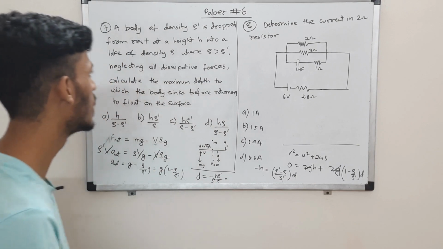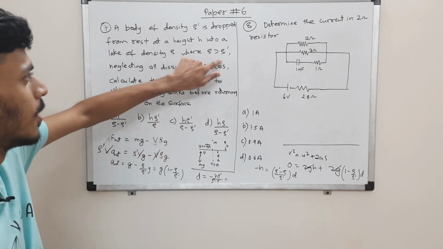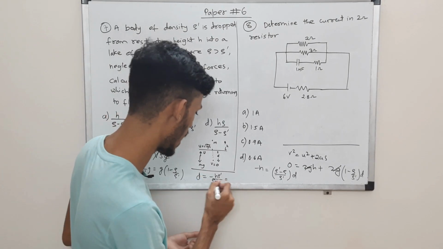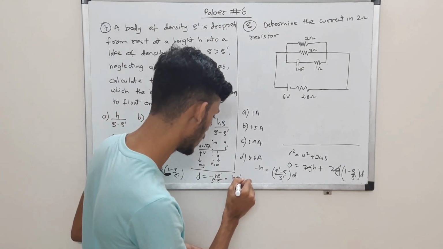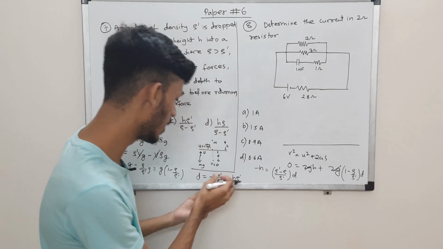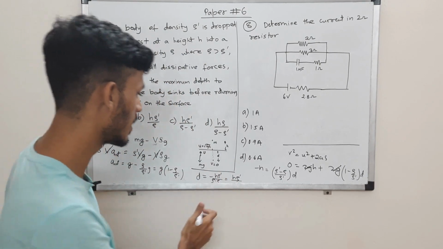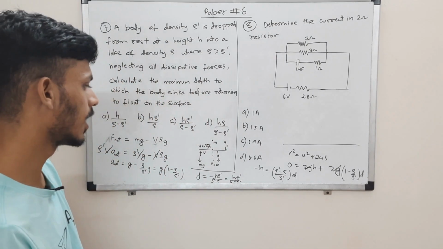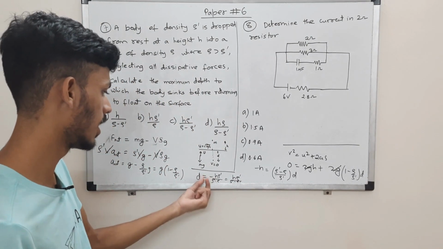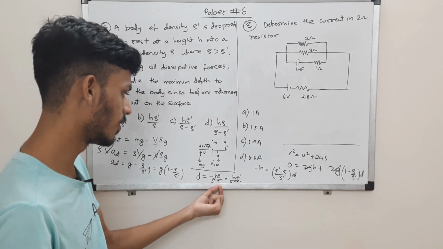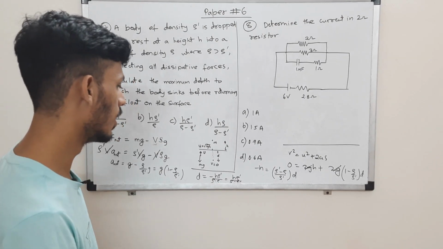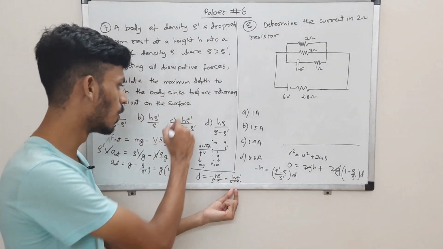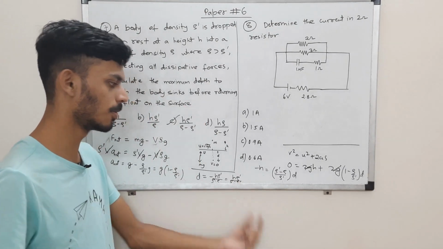If you see, rho dash minus rho is negative, since rho is bigger than rho dash, so this minus sign and that minus sign will get cancelled. I can flip this up, take that minus sign in, and that will be rho minus rho dash. Rho dash will become negative, rho will become positive. So basically the depth is h rho dash upon rho minus rho dash.